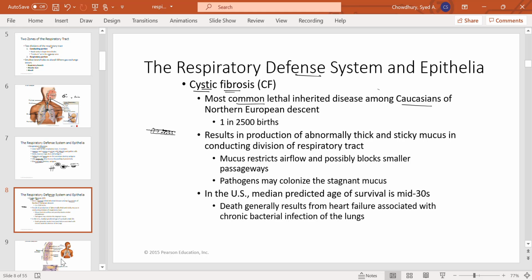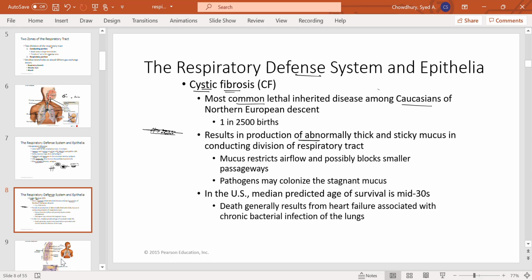So that will accumulate inside the respiratory tract and block the passage of gas, right? Gas will not be able to enter the alveoli of the lung. That is a serious condition, and first the lung will not be able to work, and then your cardiovascular system and heart will be affected especially.